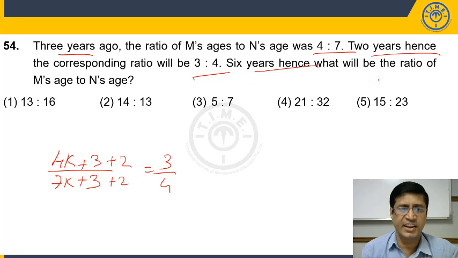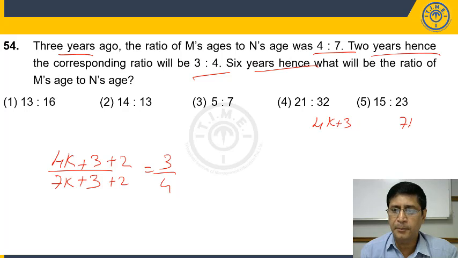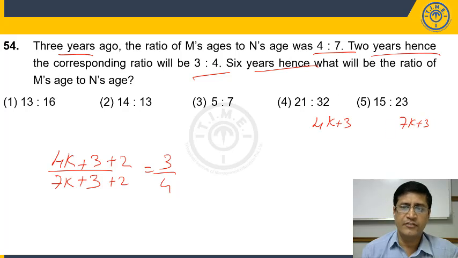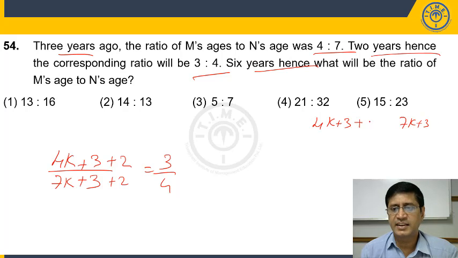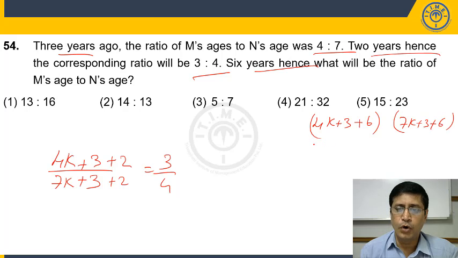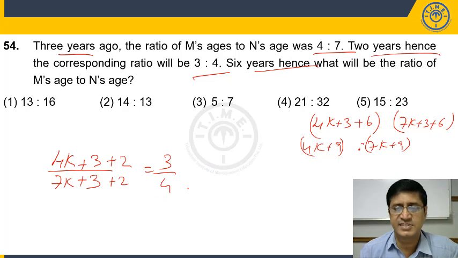The ratio 6 years hence. 4K plus 3 is the present value. 7K plus 3 is also present. After 6 years means just add 6 more. So 4K plus 9, 7K plus 9. So the ratio of their ages after 6 years.